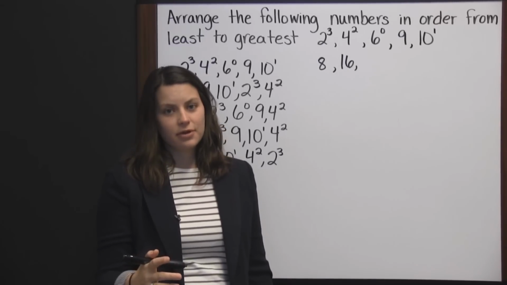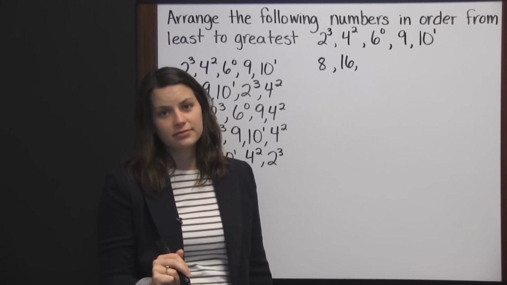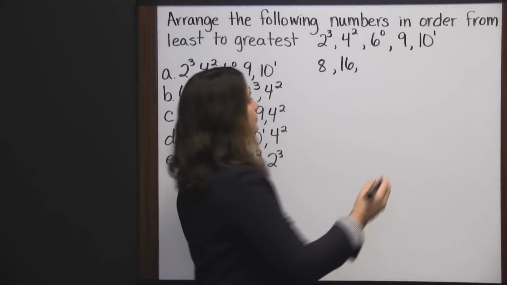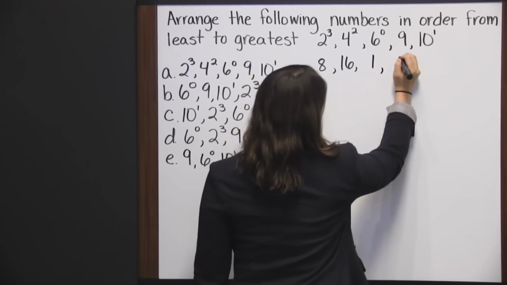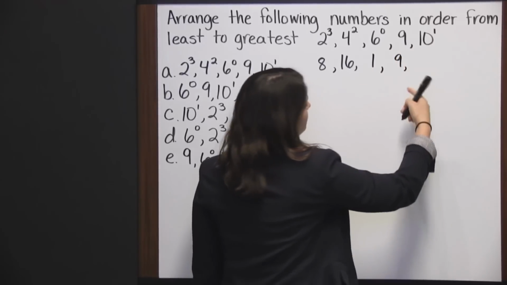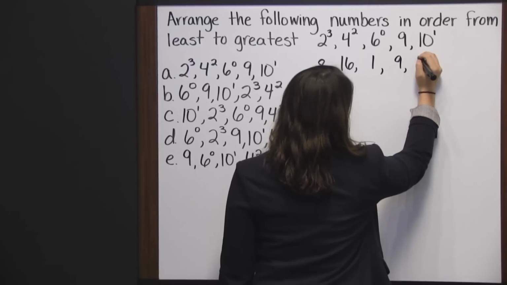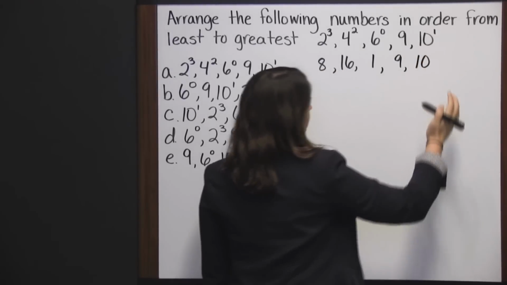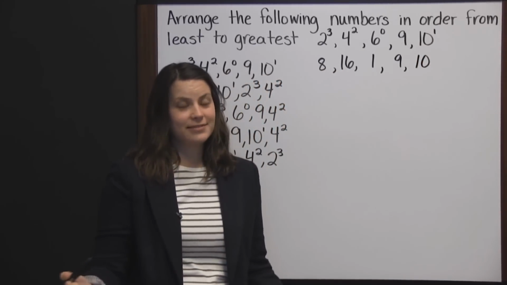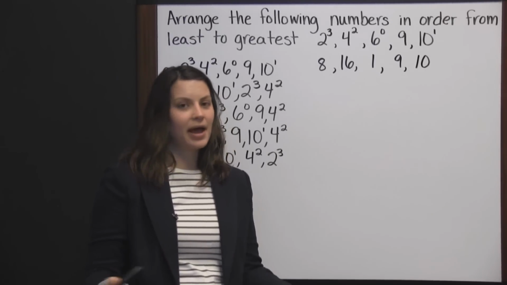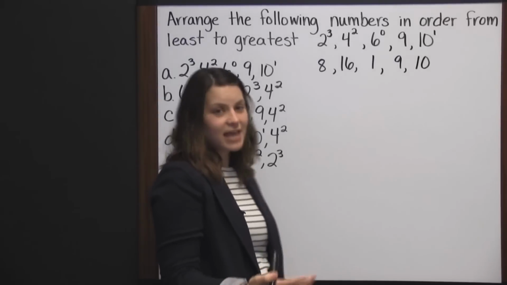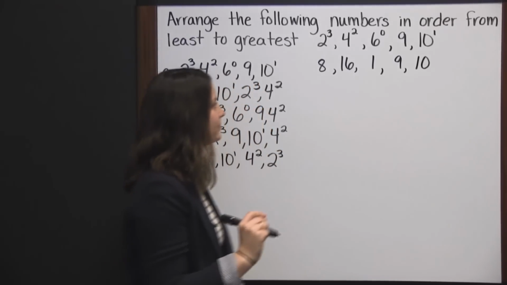Any number raised to the 0 power is always 1. 9, of course, is simply 9. And 10 to the first is 10 times itself, 1 time. Or not really 10 times itself at all, it's just 10. You're not multiplying 10 by anything else, because you just have 10 written 1 time.